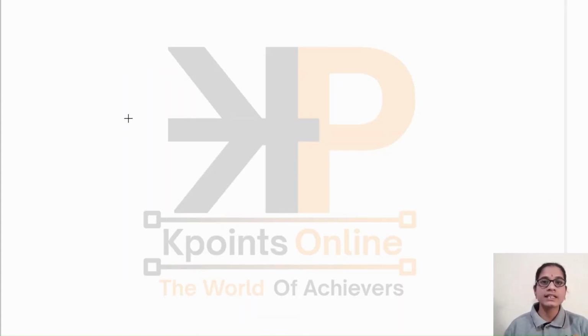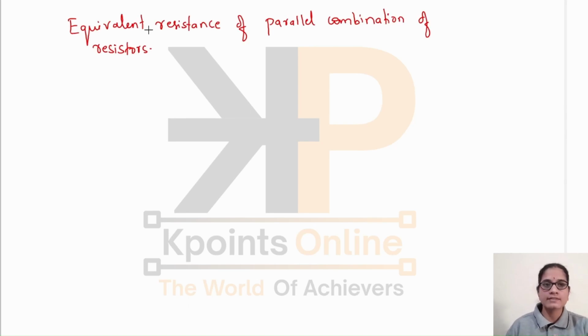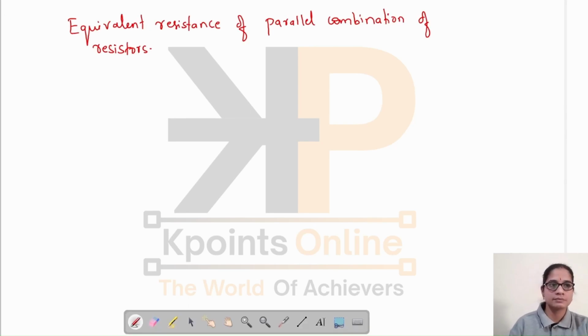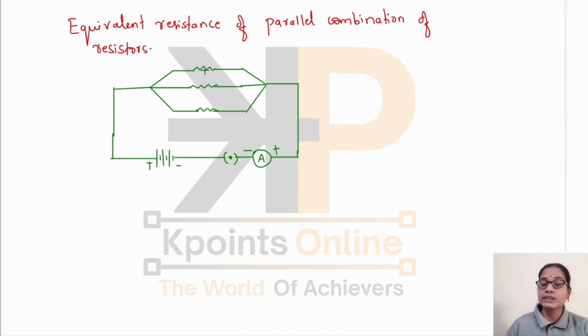Now let's see the equivalent resistance in case of combination of resistors in parallel. Let's draw the electrical circuit diagram first. Now the three resistors of resistances R1, R2, R3 are connected in parallel. Now I is the current flowing through the circuit. But as there are three different paths here, the current will get divided.